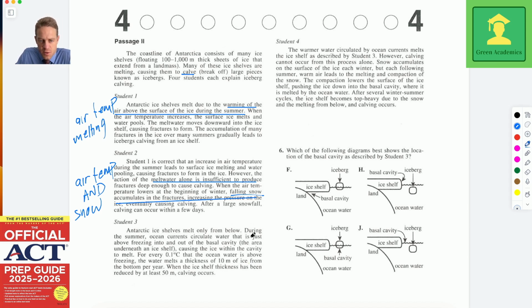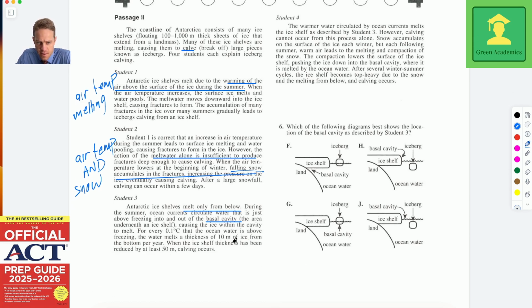Okay, student 3. Antarctic ice shelves melt only from below. During the summer, ocean currents circulate water that is just above freezing into and out of the basal cavity, the area underneath the ice shelf, causing ice within the cavity to melt. Okay, so this is melt from below. Student 4. The warmer water circulated by ocean currents melts the ice shelf as described by student 3.